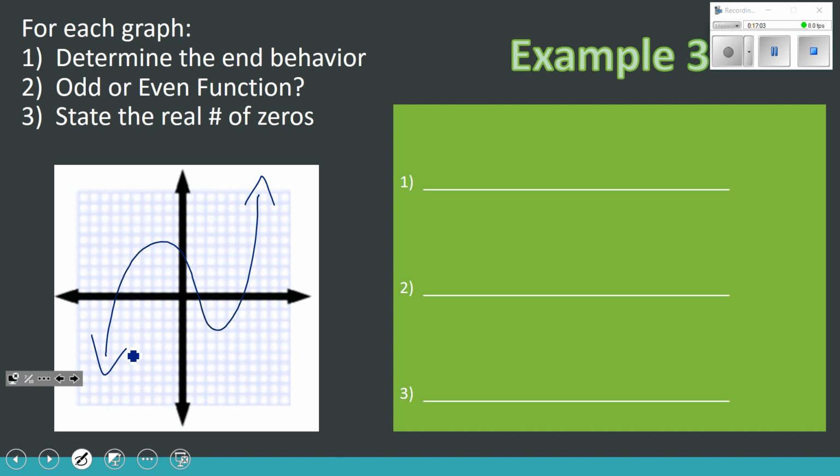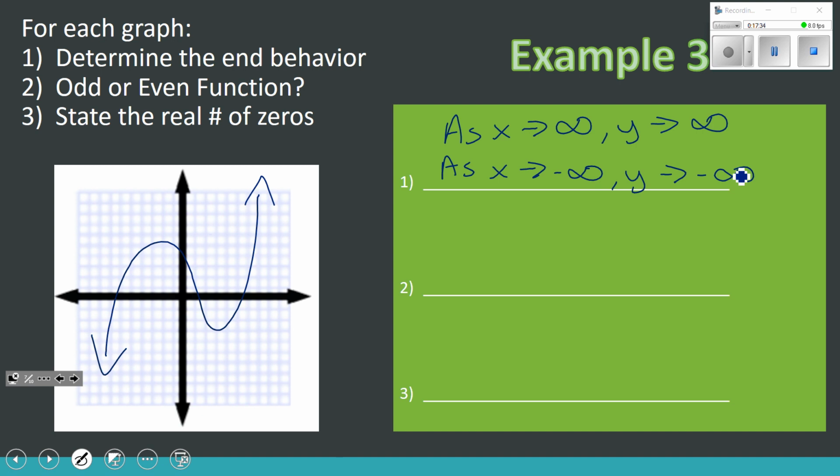All right, who would like to try? And read it to me. Chastity. What do you think? Agree or disagree? Agree, I do. As we go to the right, as x goes to positive, y goes to positive. So I'm going right and up, okay, which is positive and positive.